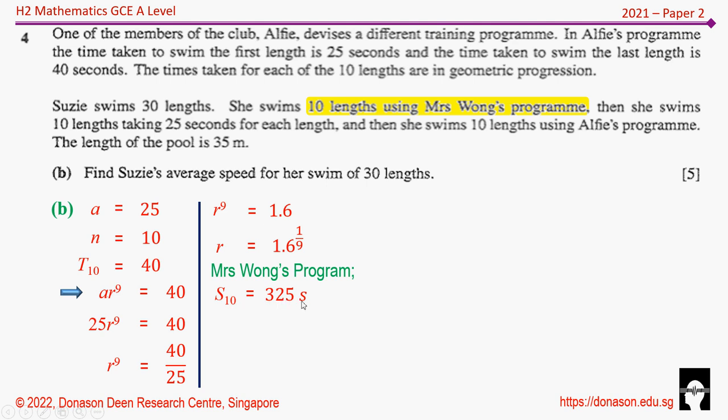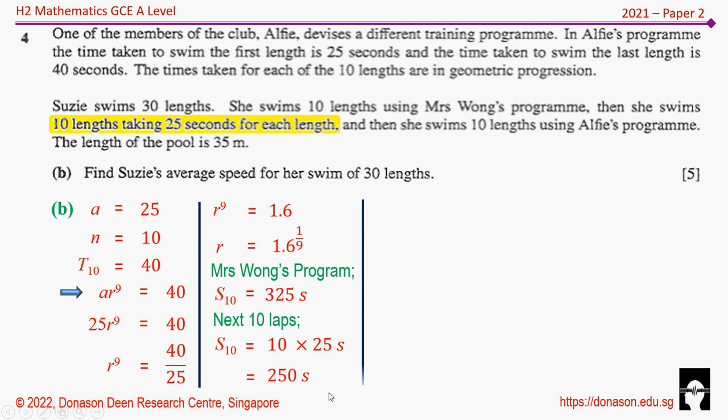It was 325 seconds. Next, 10 lengths using 25 seconds constant timing for each length. So the time is going to be 10 times 25, so she is going to take 250 seconds for the second 10 laps. So she has already completed 20 laps.